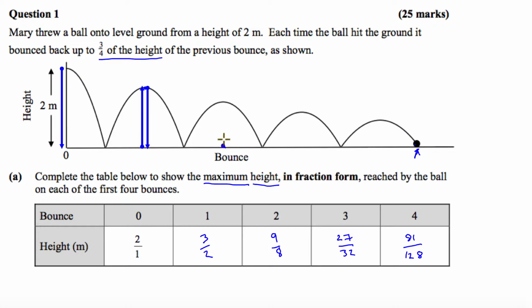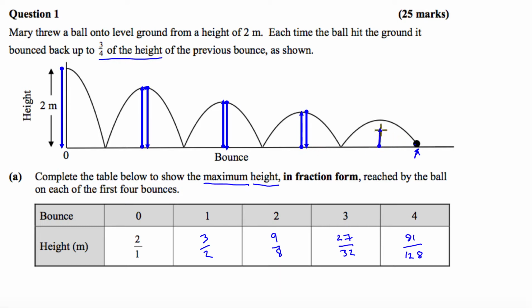And on the second bounce, the vertical distance is up to the height of this and back down. And similarly here on the third bounce, to this height and back down.